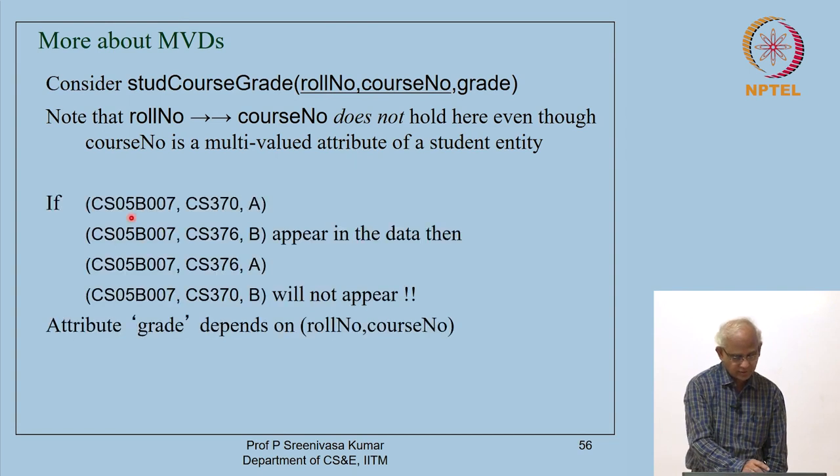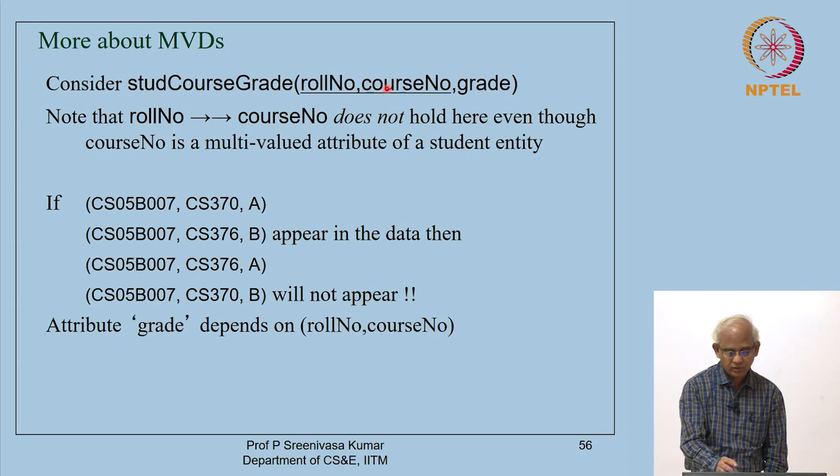So, in this case let us say same student. If you have 370 and grade A, 376 and grade B, if these two things appear, it does not mean that these other swapped tuples should appear, because they are actually dependent. The grade is in fact dependent on roll number, course number.